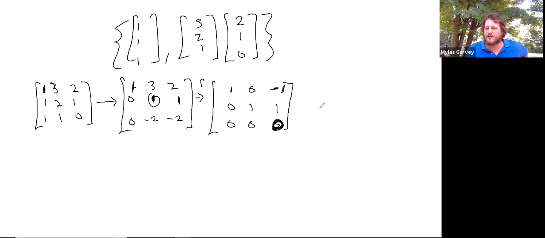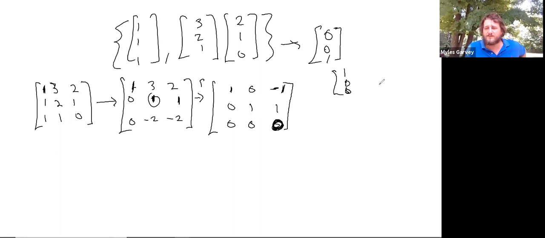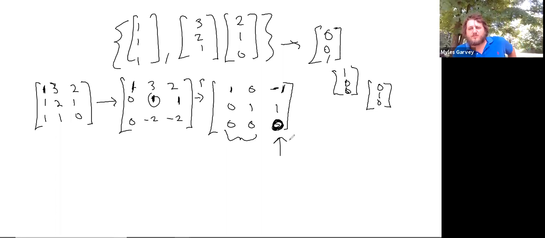In order for these to be linearly independent, I need these to reduce down to the vectors 1, 0, 0, and 0, 1, 0, uniquely, might I add. Okay, that's basically what I need them to reduce down to. Now I got 2 of them. I got those to reduce down, but the third one, you'll notice that didn't reduce down, and that's a problem.